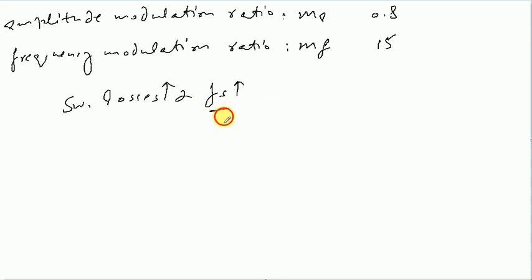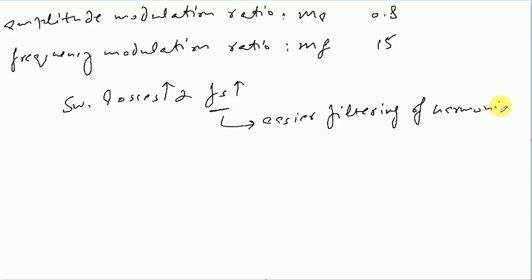But at the same time, a higher switching frequency means easier filtering of harmonics. So basically we have to do some sort of optimization between these two parameters. If you want to increase the switching frequency beyond a certain limit, you also have to take the switching losses into consideration.